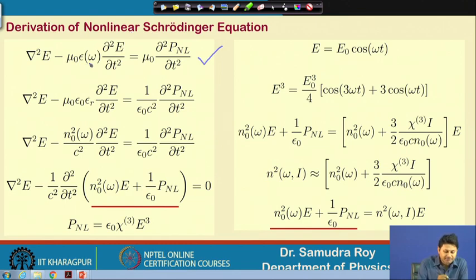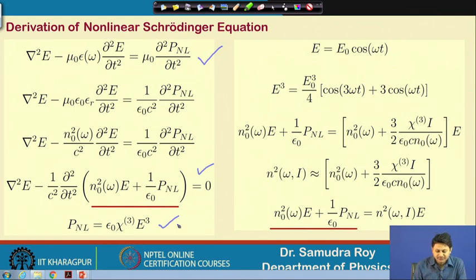So, I can write epsilon as epsilon 0 epsilon R and mu 0 as 1 by epsilon 0 c square, and then I can put this side, and I can write here in this case 1 by c square d 2 E, and then n 0 square E plus 1 by epsilon 0 P nonlinear. So, just manipulating whatever the equation is written, very simple. Then P nonlinear is epsilon 0 chi 3 E cube.